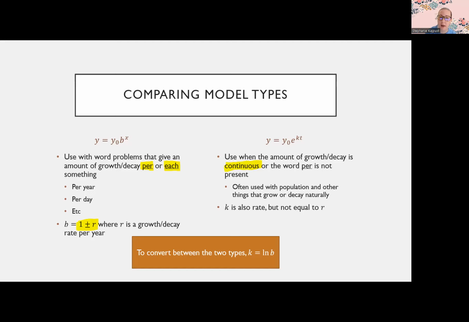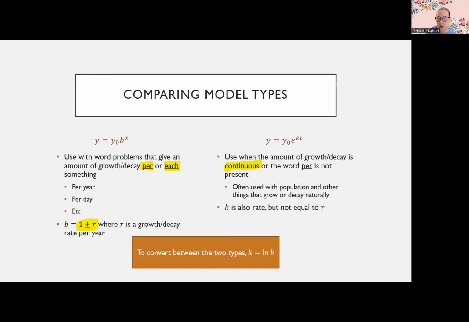We use the model on the left when we have things with money, because that's not really natural. The growth rate when you're gaining interest is something banks control. It's not just naturally occurring.